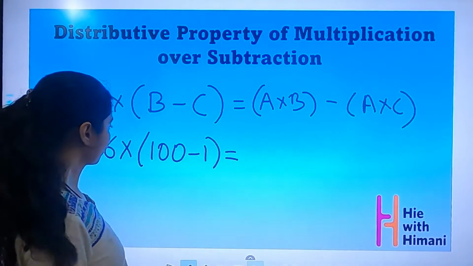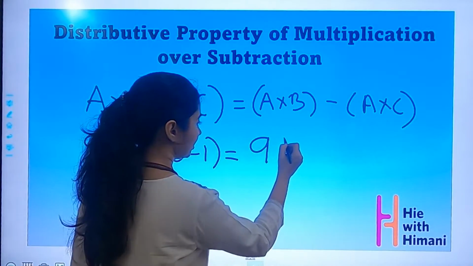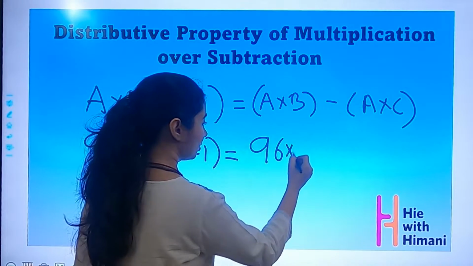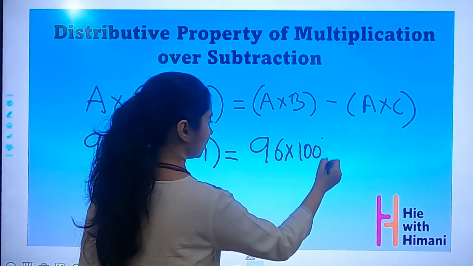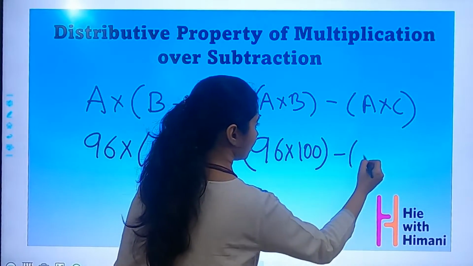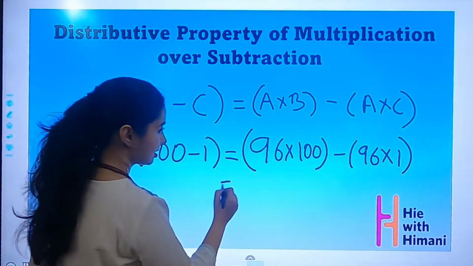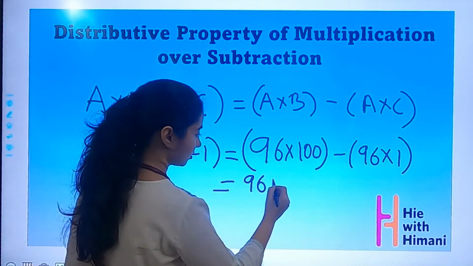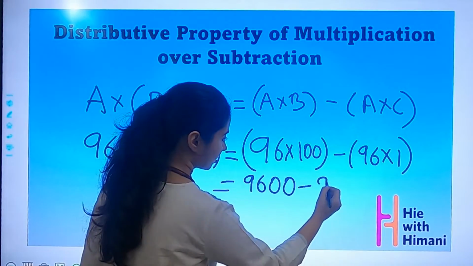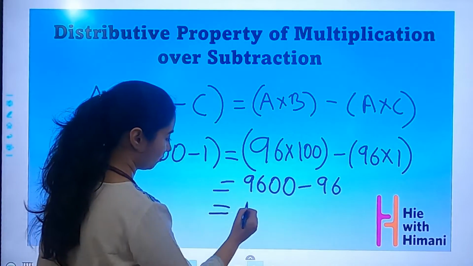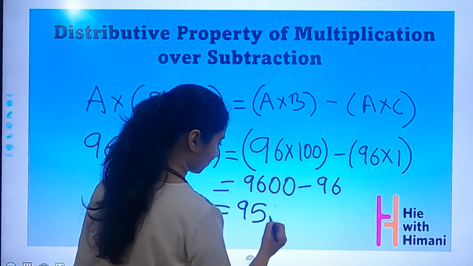Is this okay? So I will write 96 into 100 minus 96 into 1. So 9600 minus 96 will give me 9504.